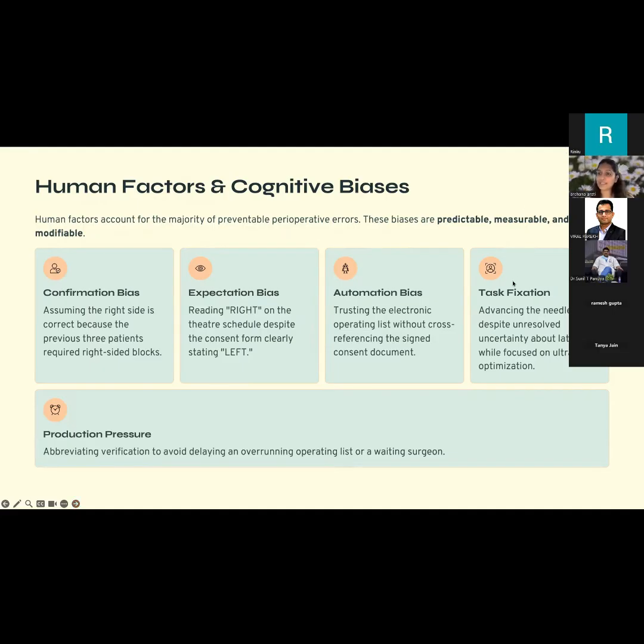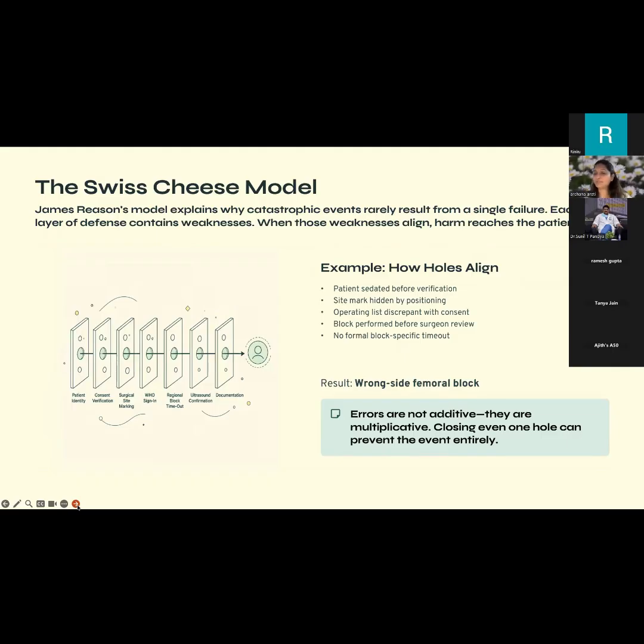Then you have the task fixation problem, where you're focused so much on doing the block that you miss finalizing the finer points before actually attempting the block. And then of course the production pressure, where you want to avoid delaying the list, so you just assume it's right, keep going and forget to cross check. So these are all aspects that can happen.